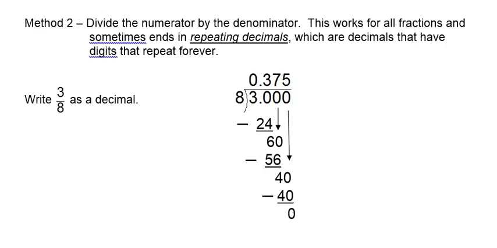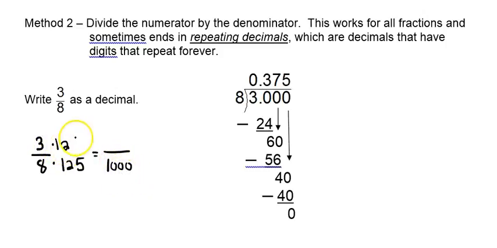The second method to change a fraction to a decimal is to use long division. You might not always be able to think of a number to multiply the denominator by to get a place value. Now 8, you actually can use method 1 for this one because 3/8, I can multiply 8 by 125 to get 1,000, and 1,000 is a place value.